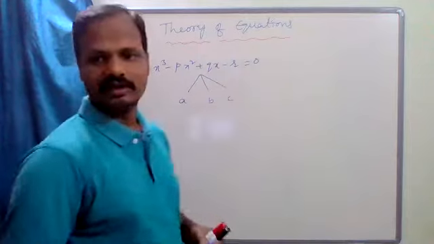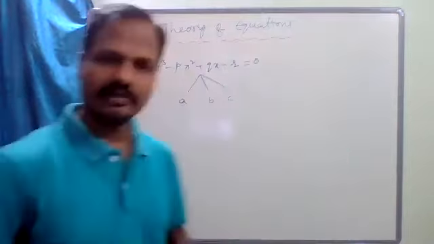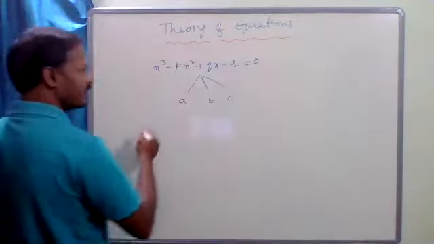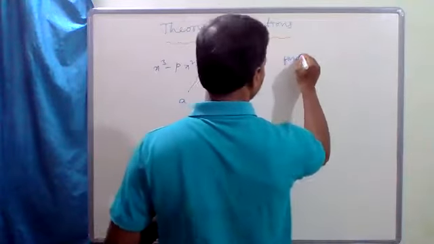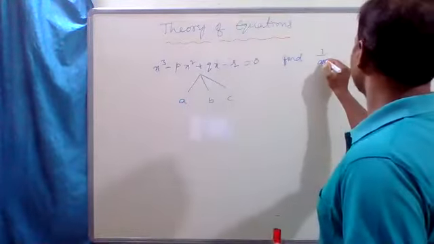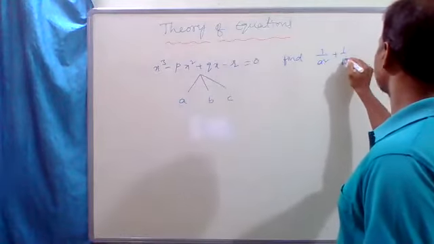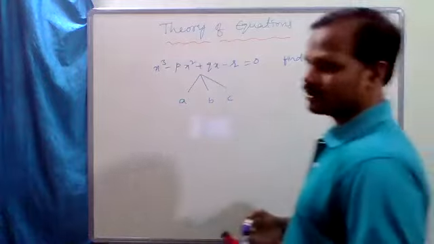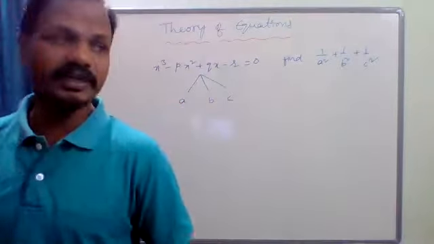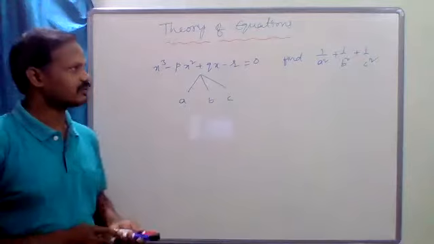Then find the value of 1 by a square plus 1 by b square plus 1 by c square. So that is the problem.